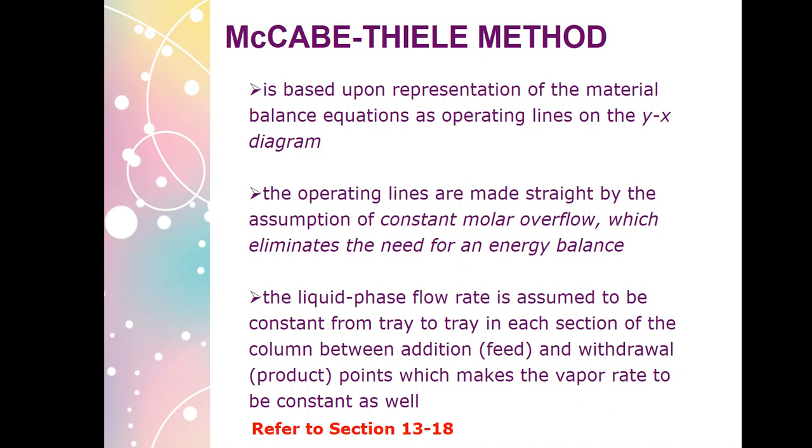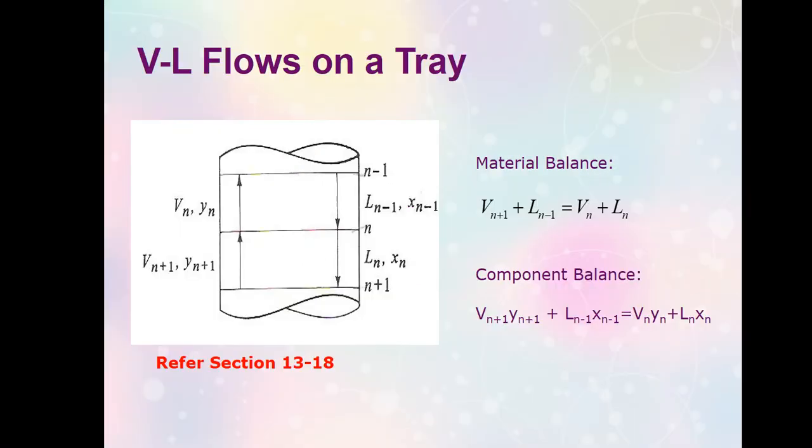So there's no notable increase in the value of that vapor. In constant molal overflow, that is being considered negligible. If we don't do that, then there's a need for energy balance, and that would be the Ponchon-Savarit method. You can read this in section 13-18 of your handbook.